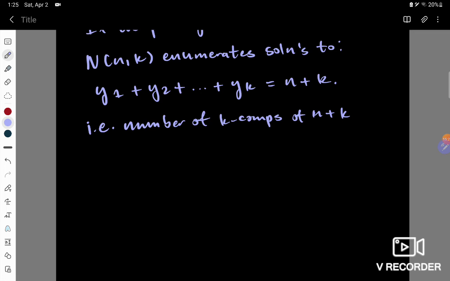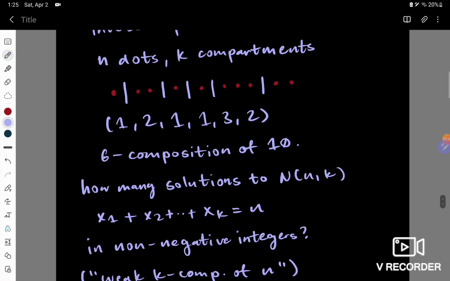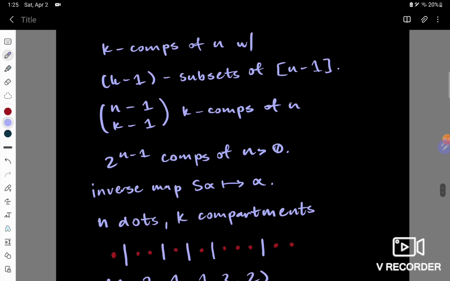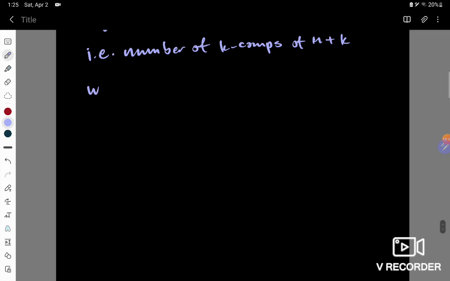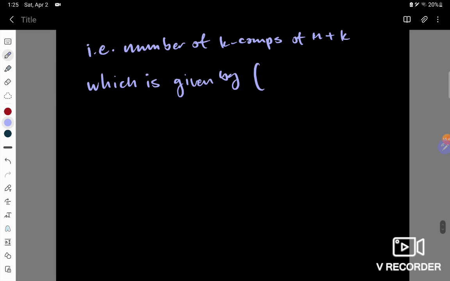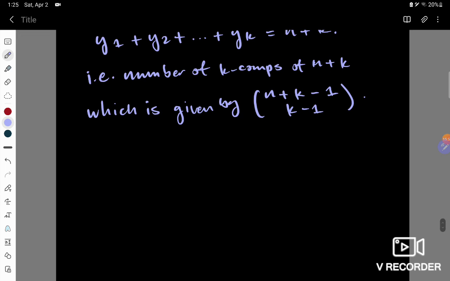We saw above by this formula here, to find the number of k compositions of n, we just have n minus 1 choose k minus 1. Now transforming a little bit here, this is given by n plus k minus 1, the thing we're taking compositions of, choose the number of compositions we have here, which is k minus 1, which is a really, really nice formula to have.